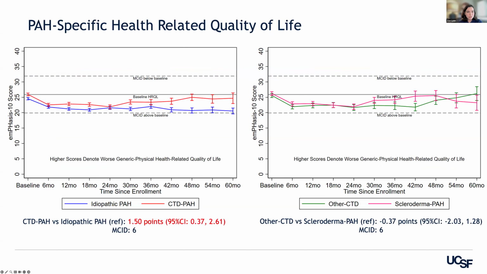For the PAH-specific health-related quality of life, using the emPHasis-10 score, where a higher score represents a worse quality of life, CTD-PAH patients have significantly higher scores over time. This was not clinically relevant, but statistically significant, and there was no difference for CTD subtypes.